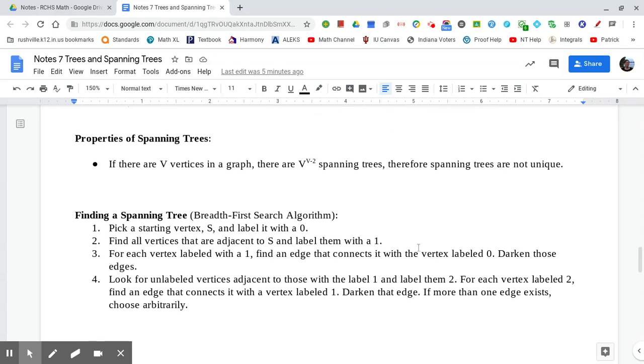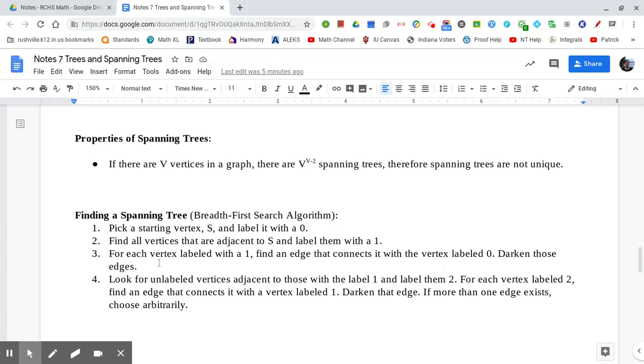All right, so of course, there's been a mathematician before you that has come up with an algorithm for finding a spanning tree. So step number 1 is pick a starting vertex, does not matter which one, label it with a 0. Find all vertices that are adjacent to S and label them with a 1. For each vertex labeled with a 1, find an edge that connects it with the vertex labeled 0.